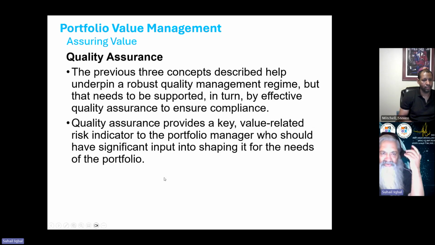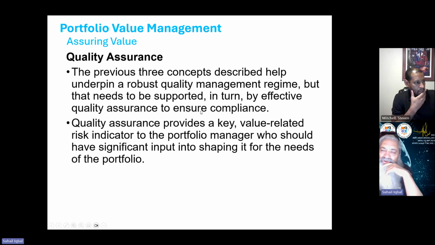Quality assurance, naturally, quality of whatever we are creating is also important. It is not only the value assurance we are concerned about, we are also concerned about the quality of whatever we are producing. The previous three concepts described help underpin a robust quality management regime, but that needs to be supported in turn by effective quality assurance to ensure compliance.